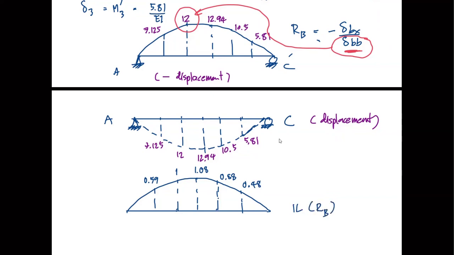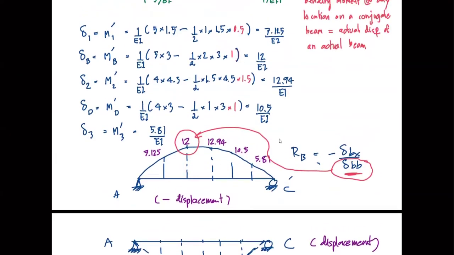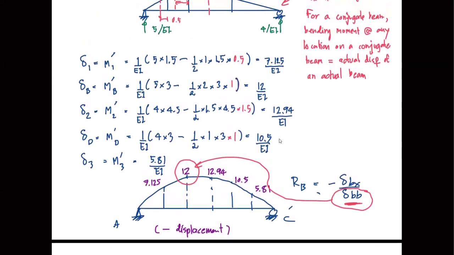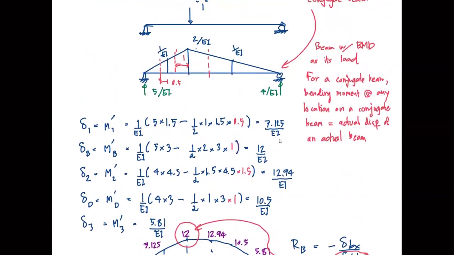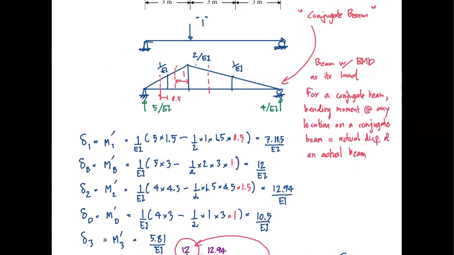We are finally here. Is there any question? Professor, in the previous page, can you scroll up a little bit? A little bit more, yeah. Where does the 2 over EI come from? Oh, that's here.